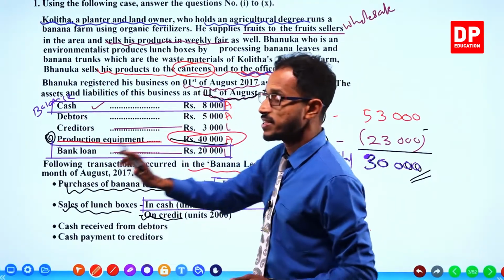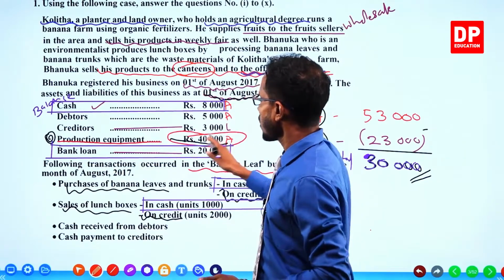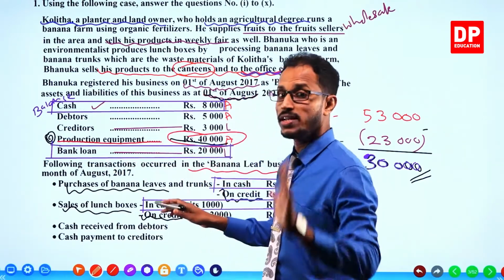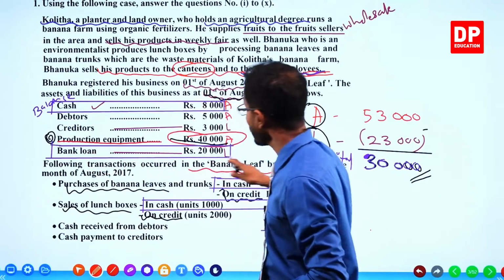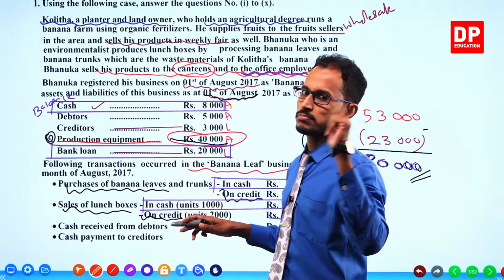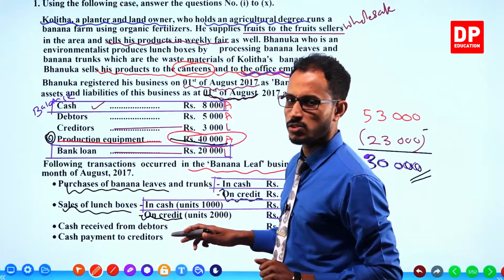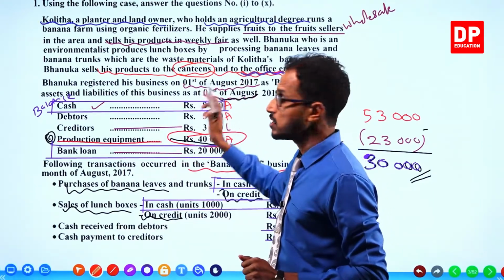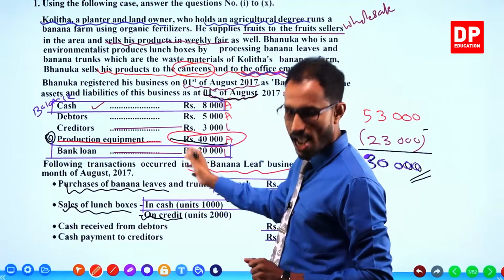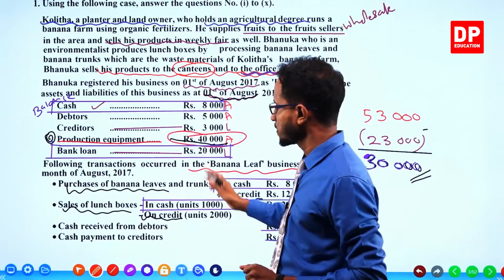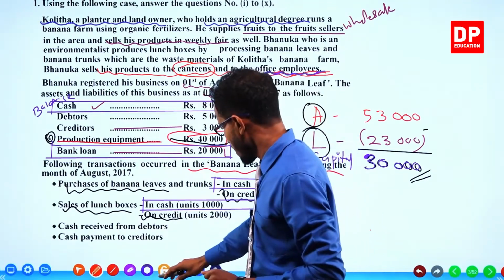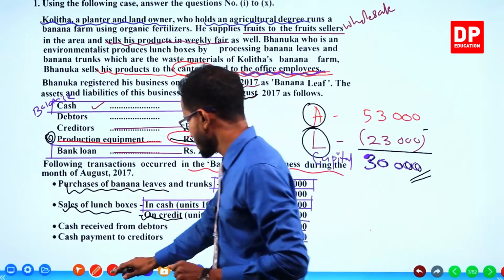Cash balance is already there. Debtors and creditors are already there. Production equipment already there in the business. Bank loan also already there. Not taken during the month. So we can't enter bank loan to the cash book. That is the case.